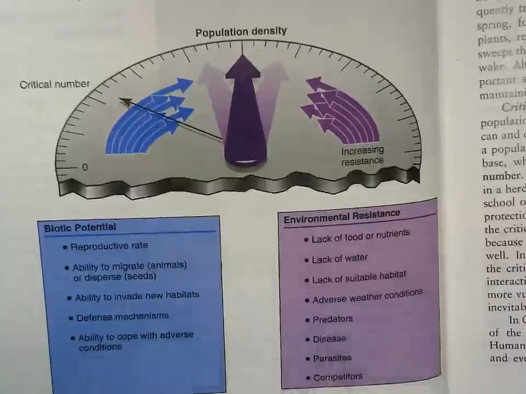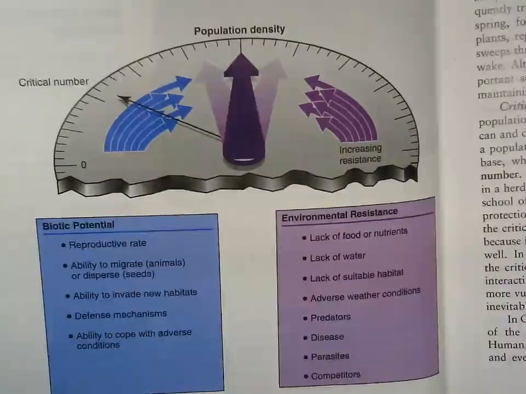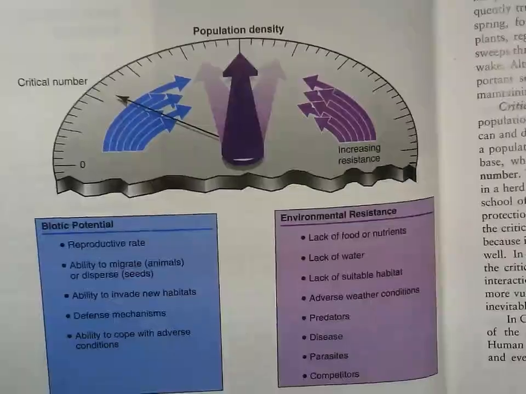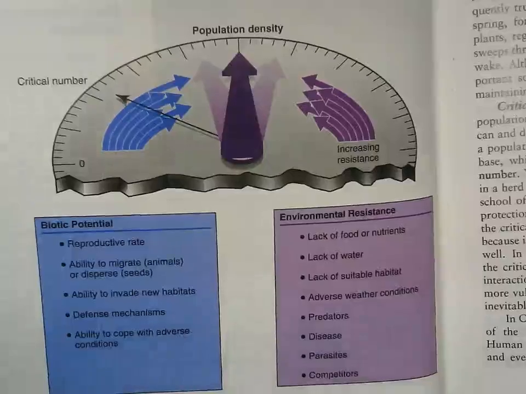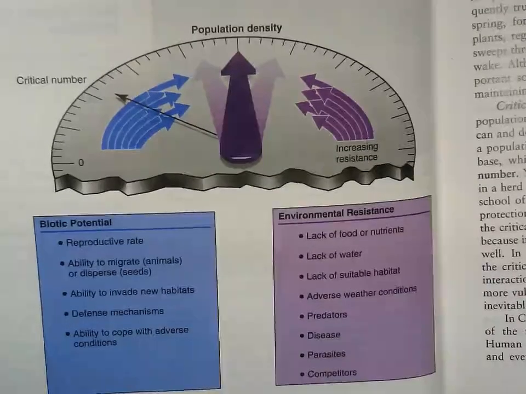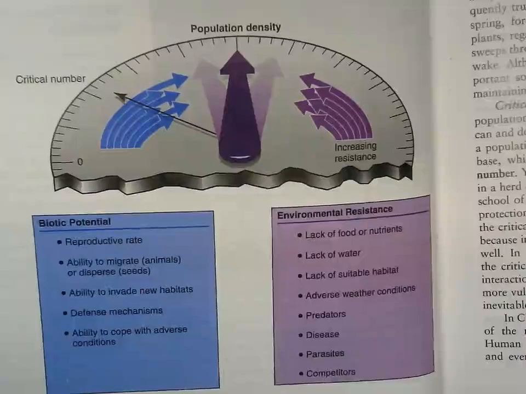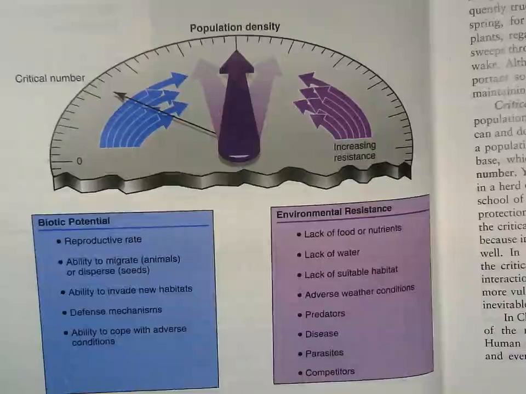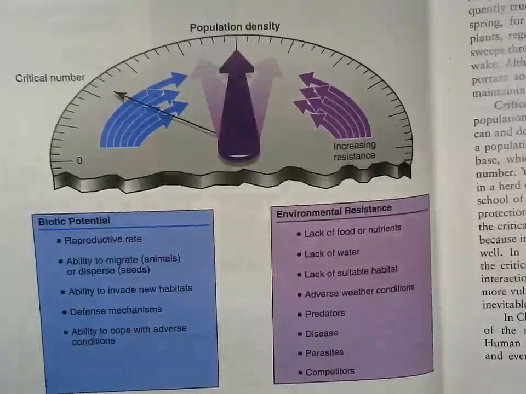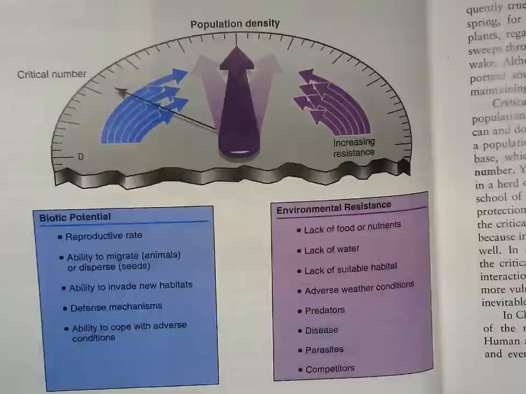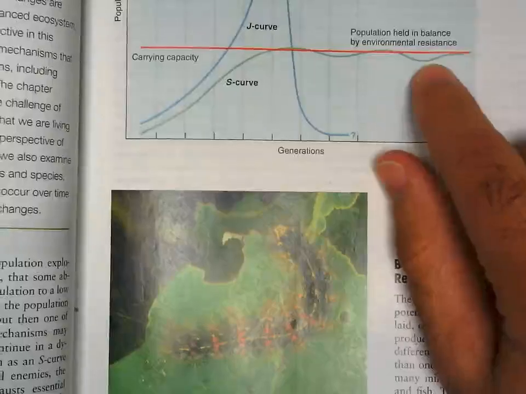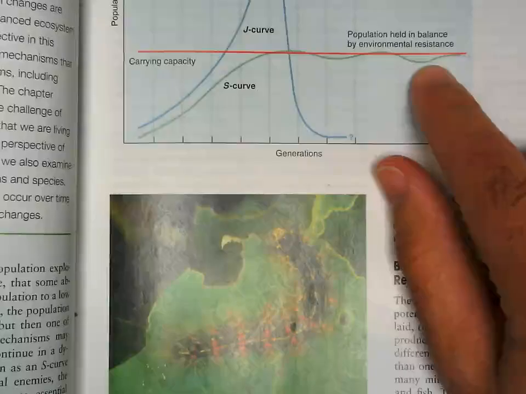Things that are environmental resistance factors decrease the population or push it lower. So what you get is sort of almost like a reverse tug of war between these two groups of factors, pushing a population lower and higher. When the biotic potential and the environmental resistance are about equal or in a balance, that is when you get a population at equilibrium.